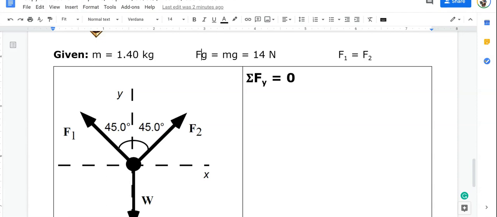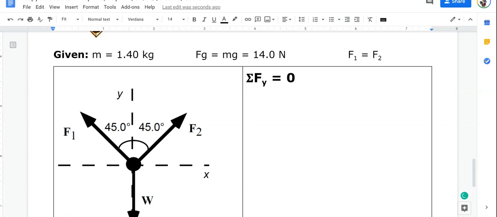But in AP, we can make our lives easier by rounding off 9.8 and saying it's 10. So 1.40 kilograms turns into, let's make that, 14.0 newtons. And there you go. So we've turned it into a weight, a force.